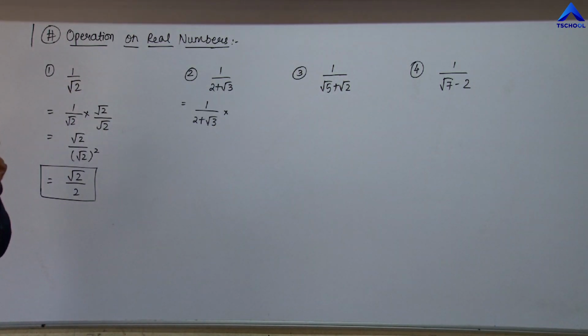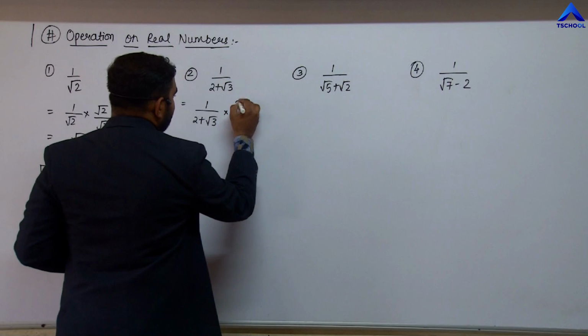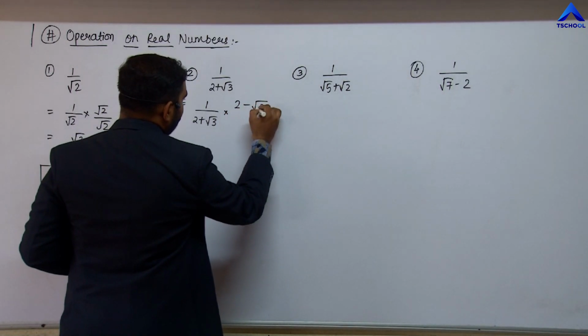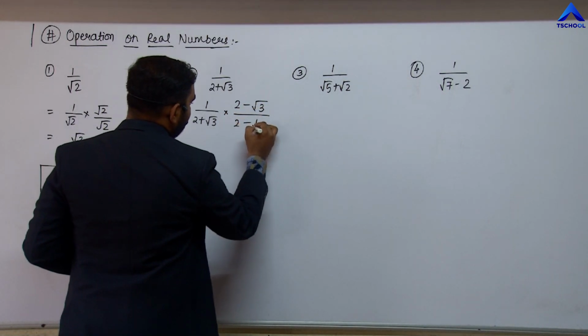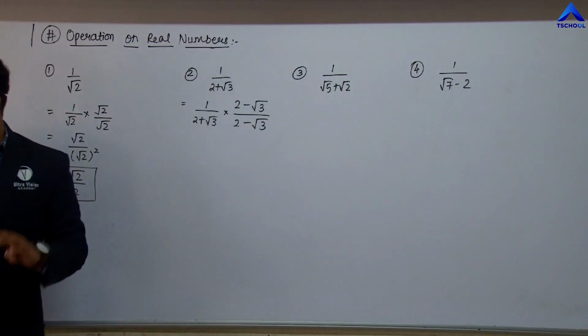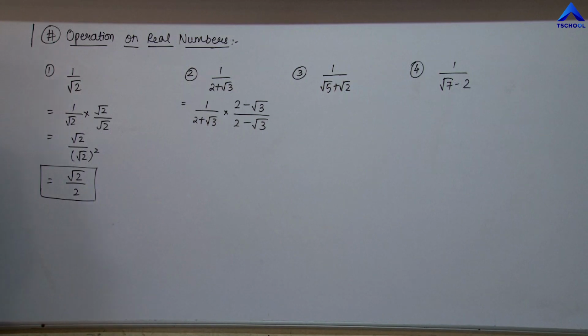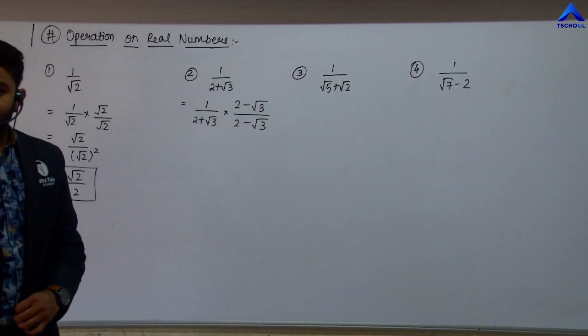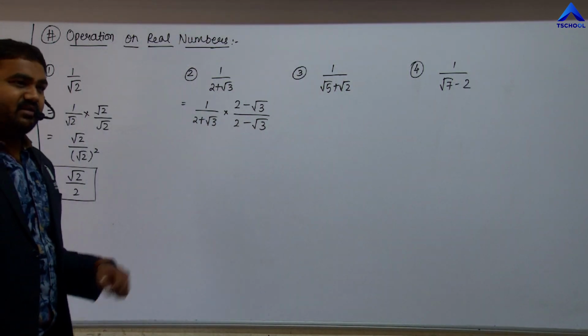The whole term. The term that is present in the denominator, we will take that whole term out and we shall simply change the sign from the center of that term. So here if it is 2 plus root 3, then this can be written as 2 minus root 3. Yes or no? 2 minus root 3.